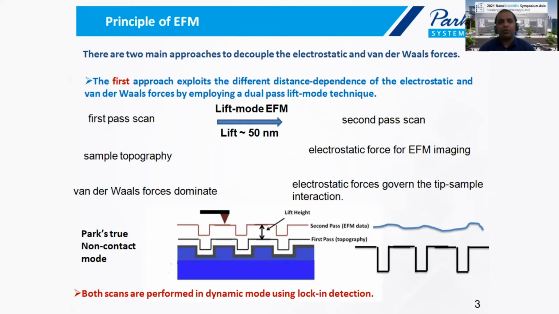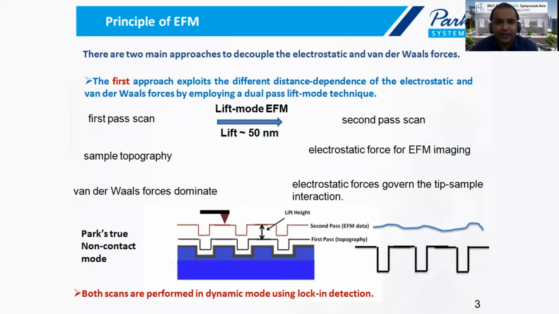So what we generally do in this dual pass lift mode technique is that we perform two passes: the first pass scan and the second pass scan. In the first pass, the tip scans the sample surface to reveal the topography, where the van der Waals forces are dominant.